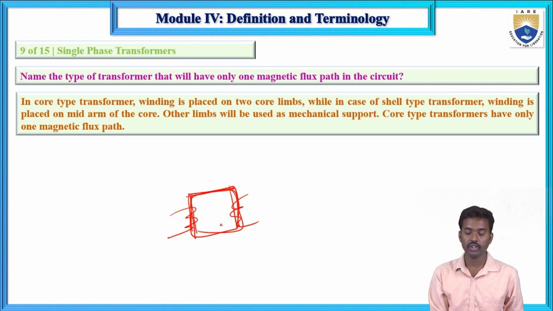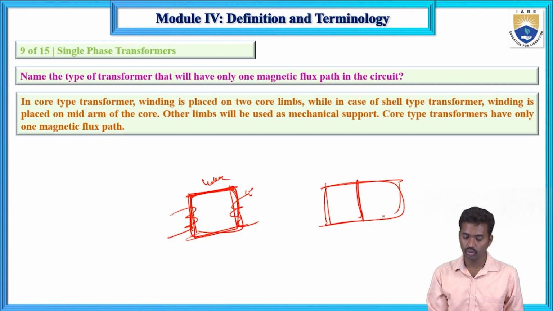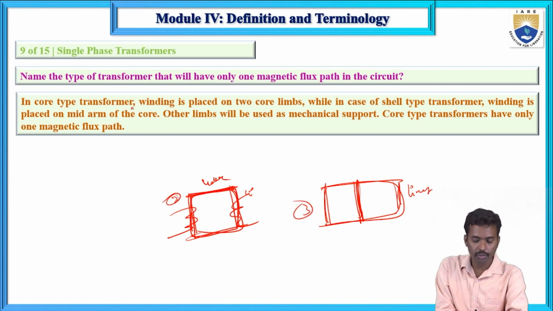The vertical part of the transformer core is known as limbs, and the horizontal part of the core is known as yoke. In the case of a shell type transformer, there are three limbs and yokes, three limbs here and two limbs here. Now here, the core type transformer has only one magnetic path.